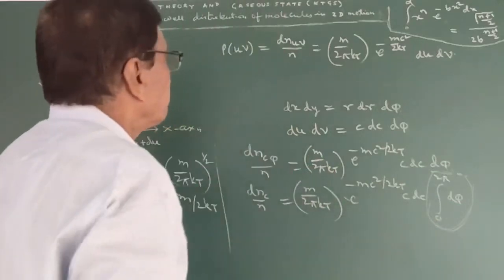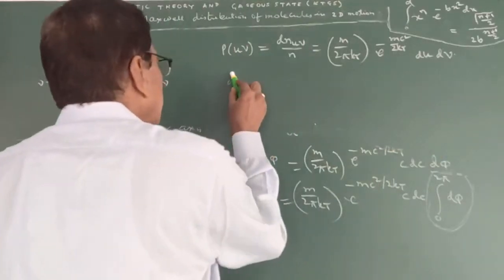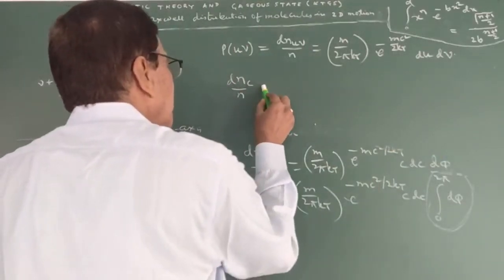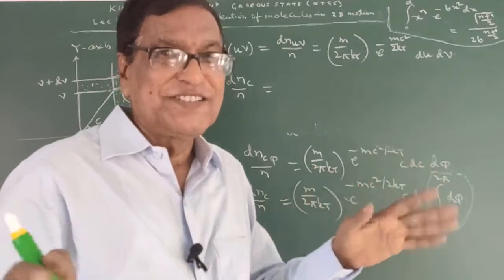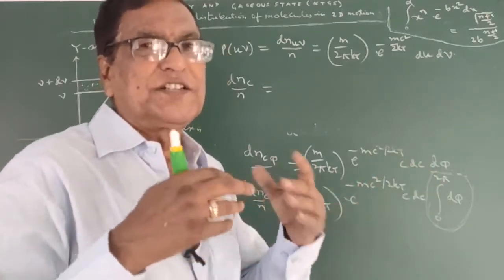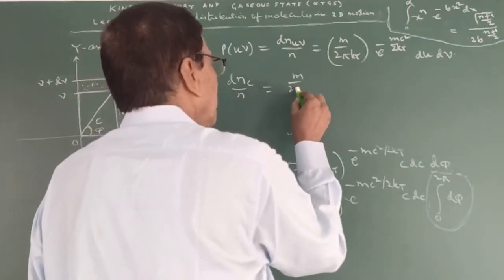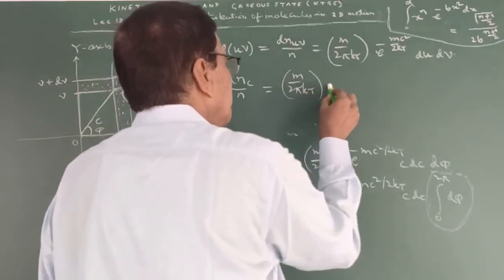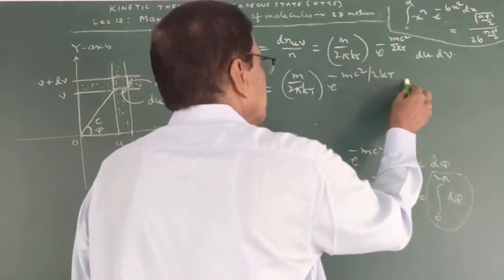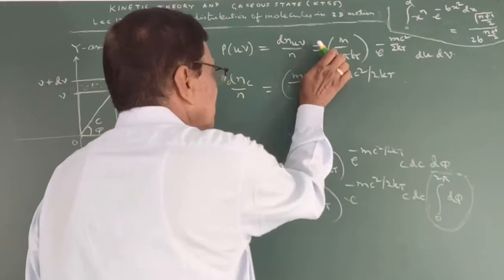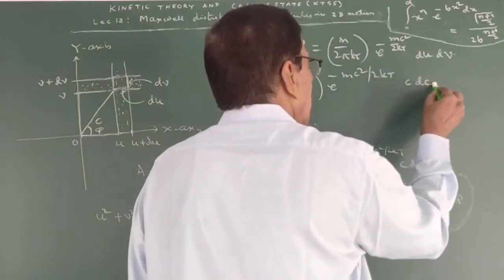So it will be dn_c by n, the probability of a molecule to have this speed, not velocity, speed c to c plus dc, is equal to m by kT, and e to the power minus mc square by twice kT, and here 2 pi will be cancelled, here only kT, and it is c dc.